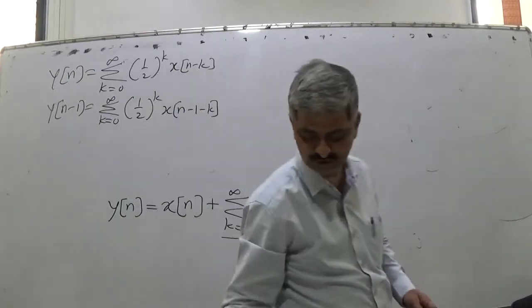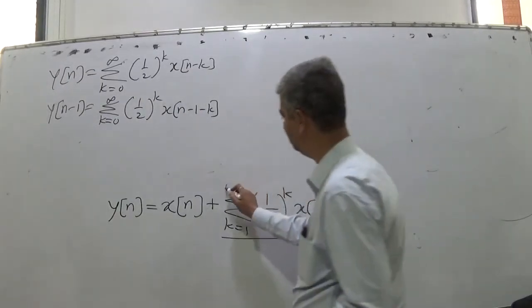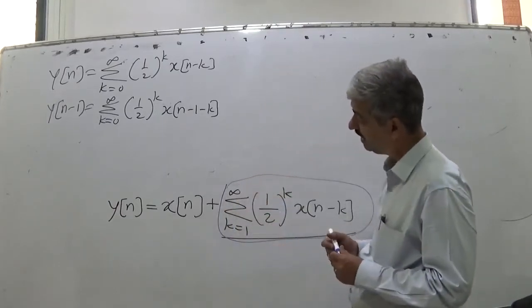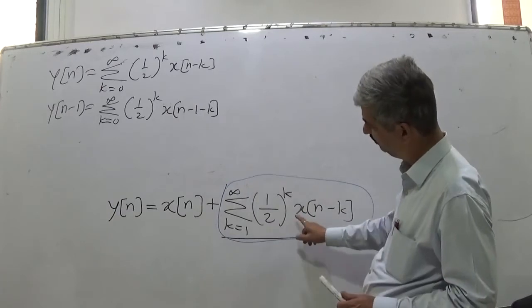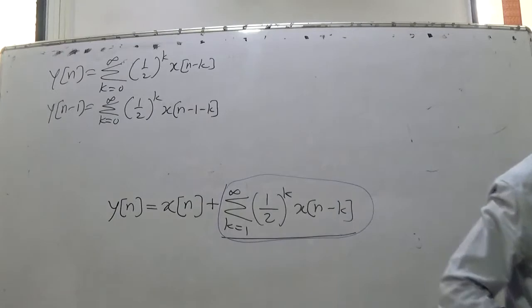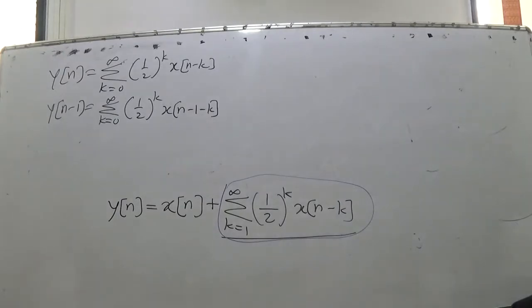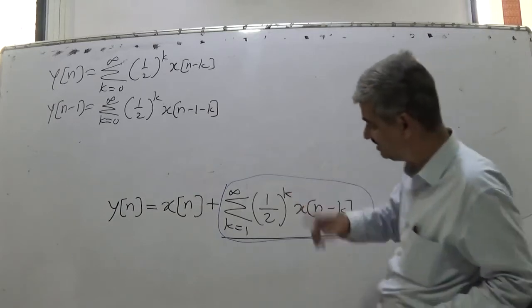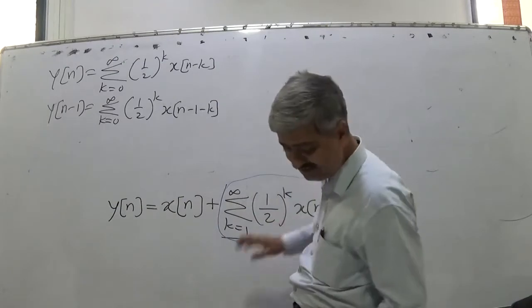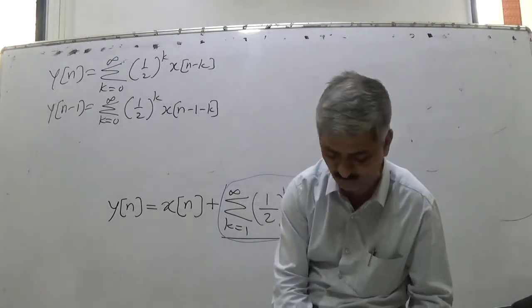Now I will focus on this particular part, and establish what the purpose is. We should not forget the purpose for which we are doing something. We have rearranged this: y is xn plus something. Can I establish some relationship between this something and yn minus 1?